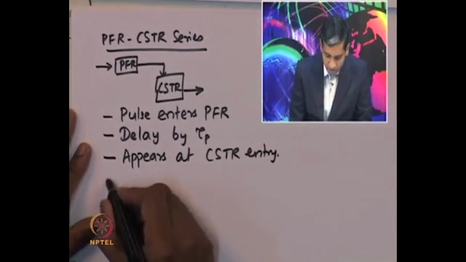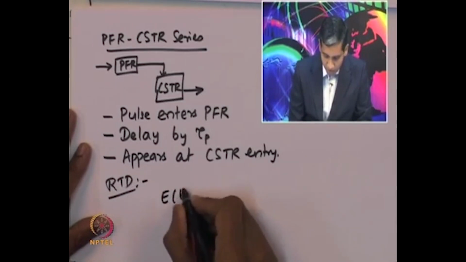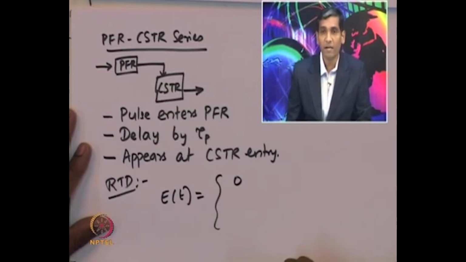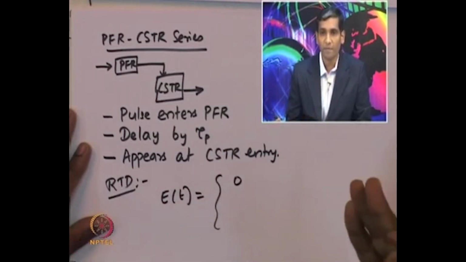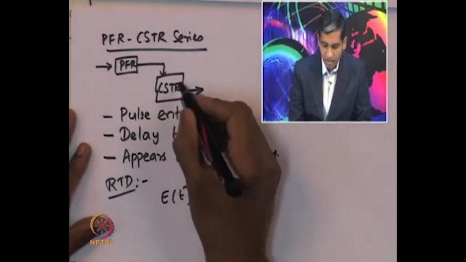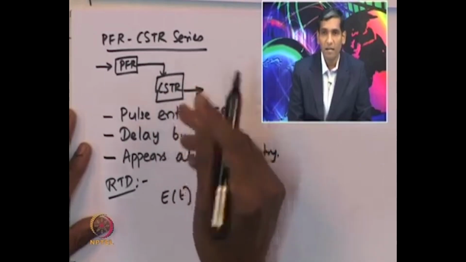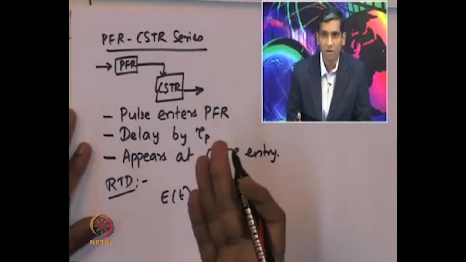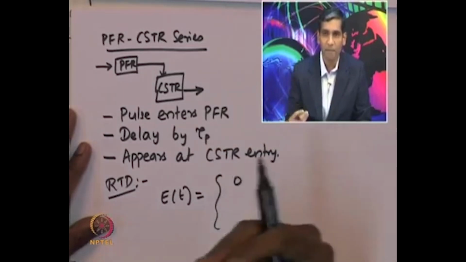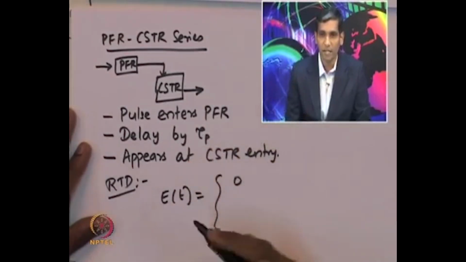So, the RTD function can simply be E of t. Nothing is going to appear till the space time of the plug flow reactor is reached, because from the RTD function of the CSTR, the E curve starts from time t equal to 0. That is, the tracer will start appearing immediately after the pulse tracer is fed into the CSTR.